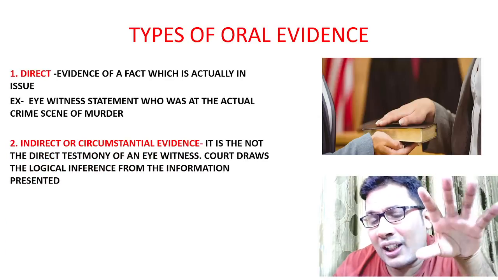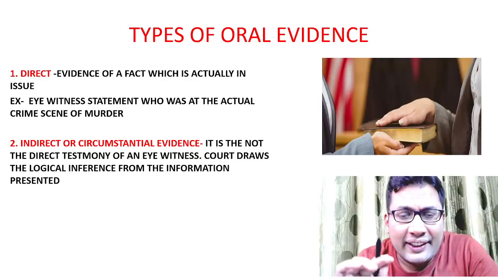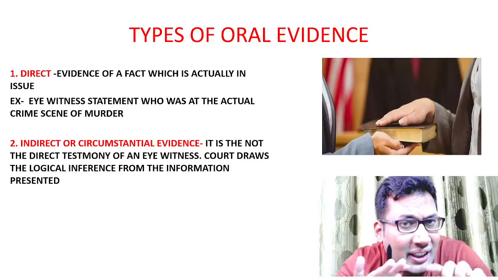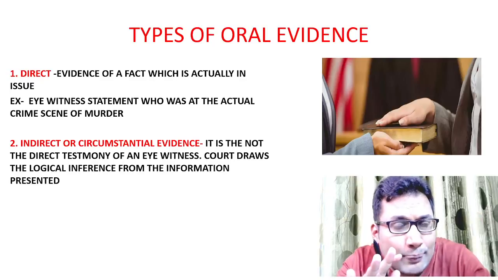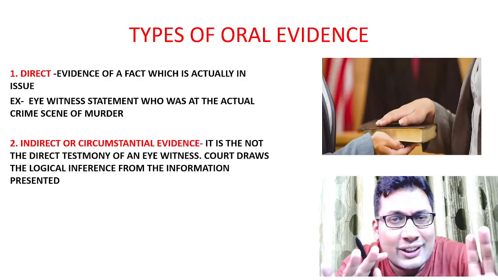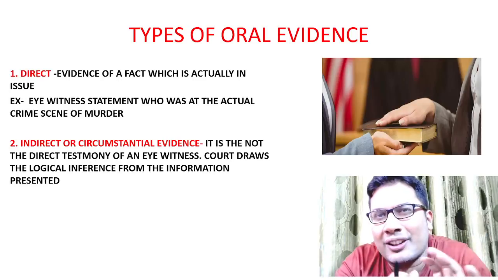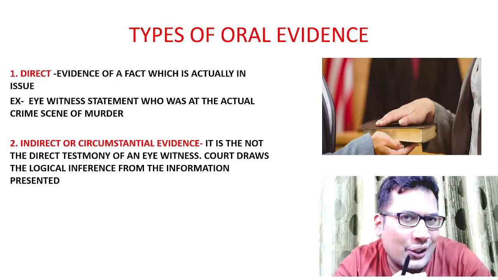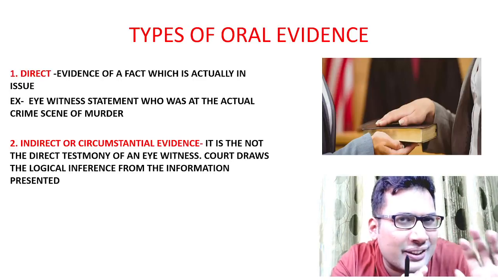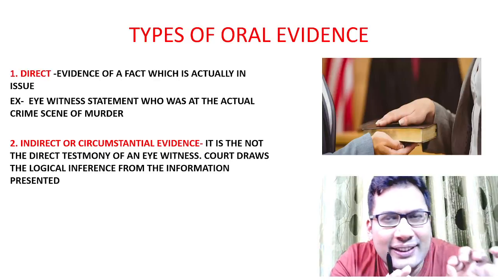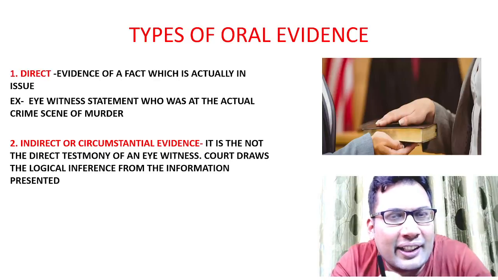Indirect or circumstantial evidence is not the direct testimony of the eyewitness about the murder. The court draws a logical inference from the information presented to the judge. So the best answer for the question is circumstantial evidence or indirect evidence.